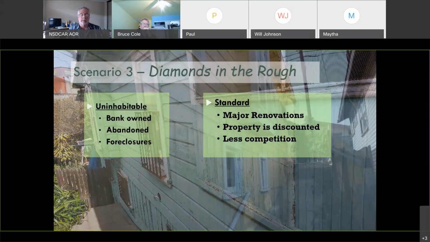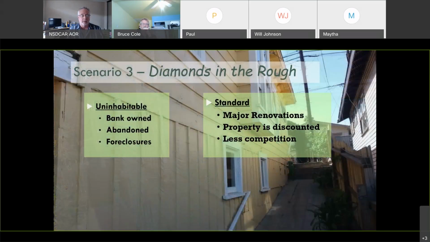We can do a complete transformation of the property. These are the kinds of scenarios where we're getting them at a discount. We get a reasonable construction budget put together. And now this is going to compete with other recent sales in the marketplace. That's what the appraiser is going to be looking at.